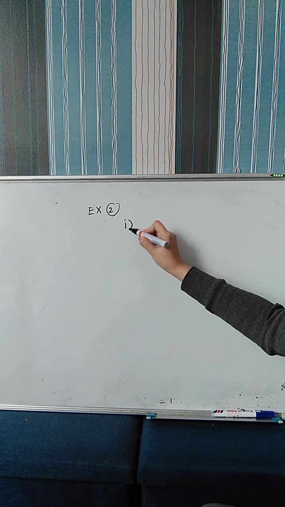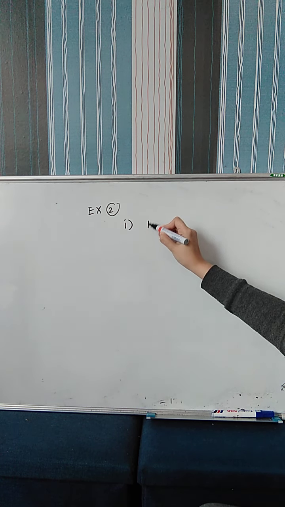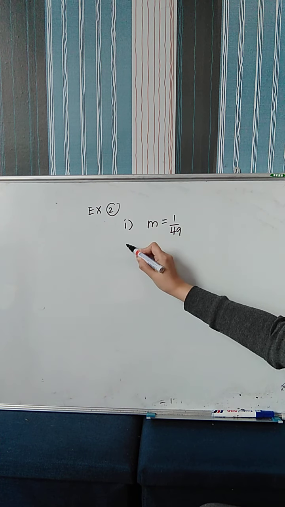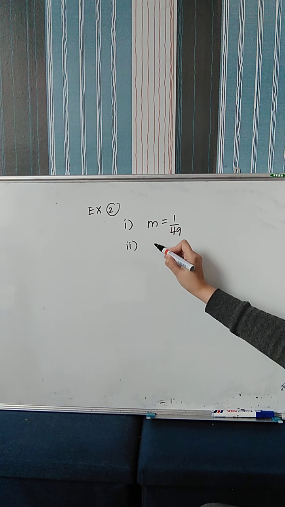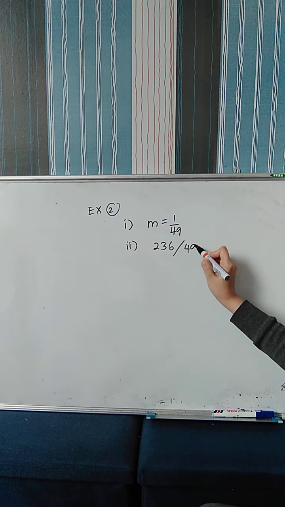And then for example 2, please try it and check your answer here. For number 1, make sure the value of m equals 1 over 49. Number 2, the expected x is 236 over 49.